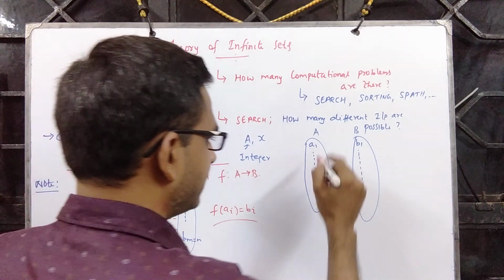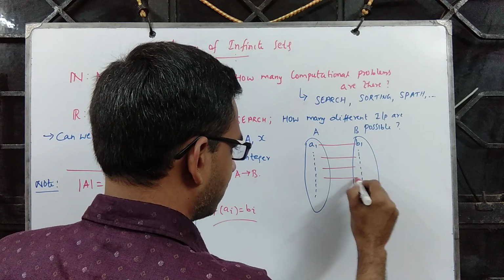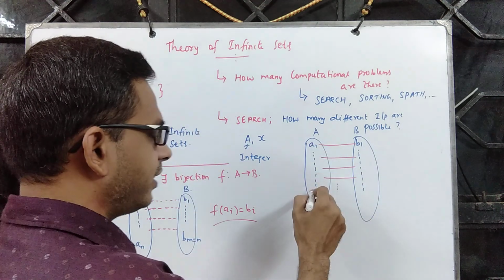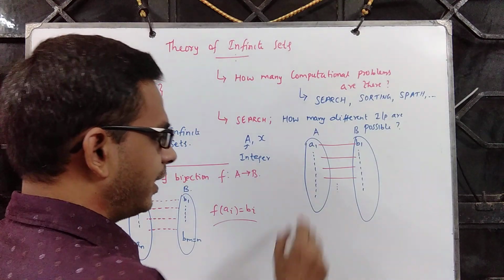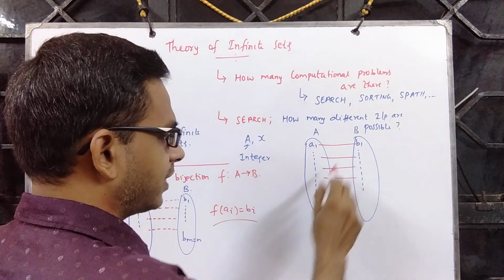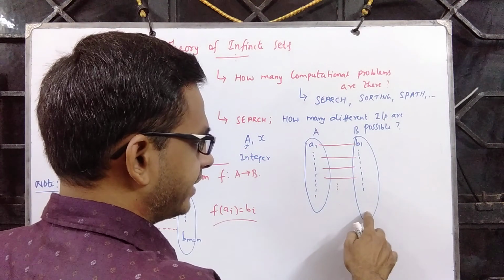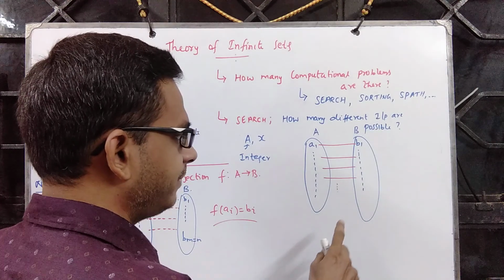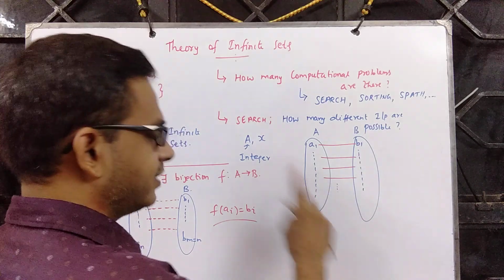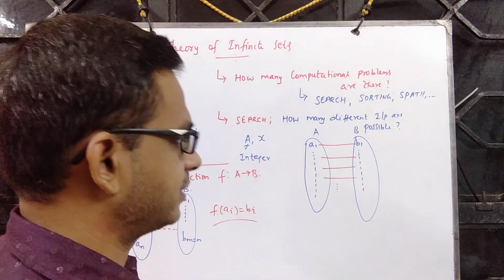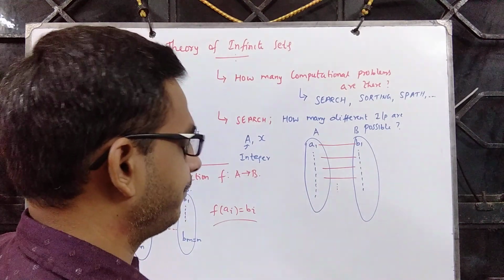But all that we know is each map is unique, meaning an element here maps to exactly one element here, and no two map to the same, because of the one-to-one property. Similarly, no element here is left out because of the onto property, and if you take an element here, there exists a unique image. So that tells you that they are of the same cardinality.